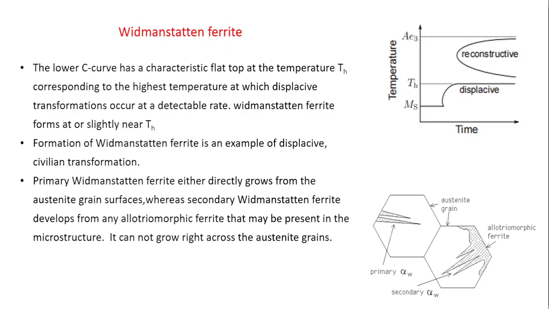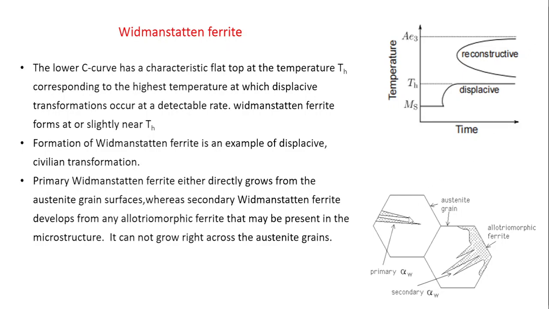There are two ways by which the Widmanstatten ferrite can grow. So we can differentiate as primary Widmanstatten ferrite and secondary Widmanstatten ferrite.